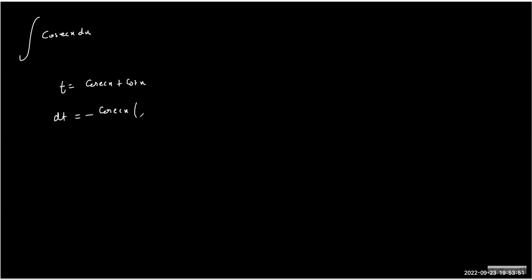The cosec will give you minus cosec into cot x, and cot will give you minus cosec square x dx. So we can take minus cosec x common.